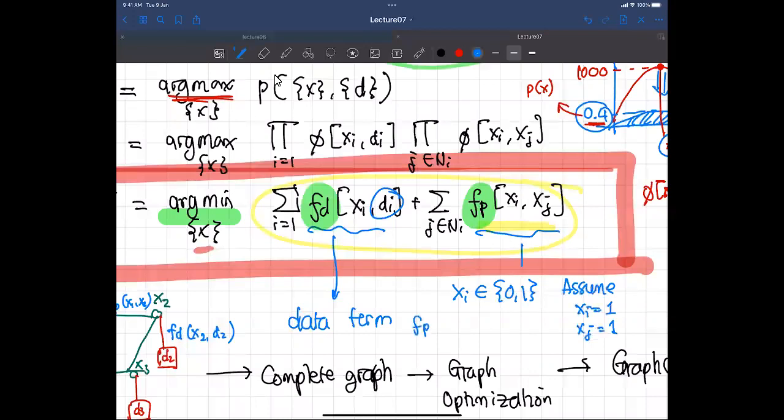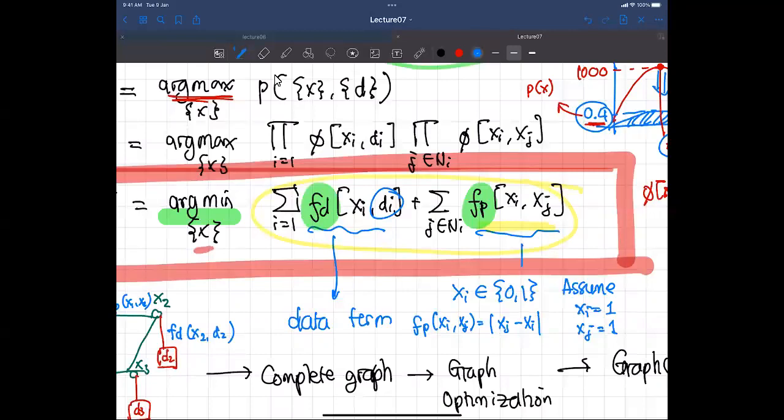Fp of xi, xj simply equals the distance between xj minus xi. This is how we define phi or Fp in this case. Agree with this?